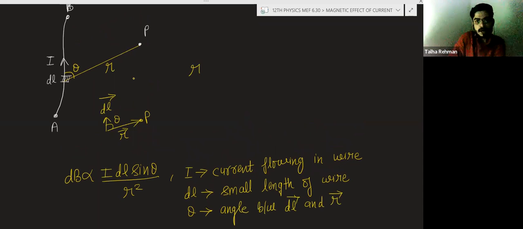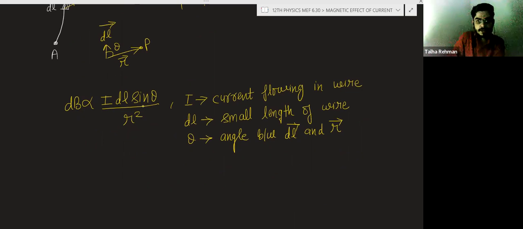And the r vector is the position vector of point P.